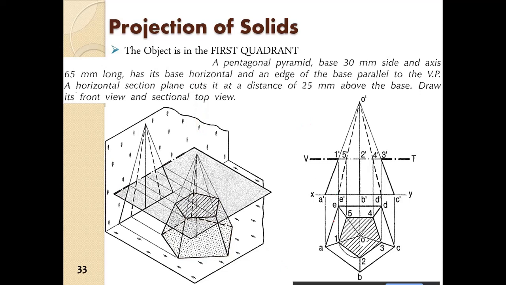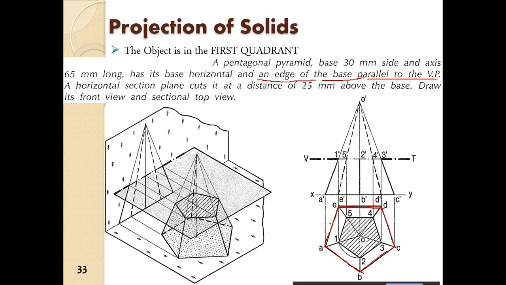So what to do? First of all, step number one is to draw the pyramid top view. Okay, so an edge of the base parallel to the VP. Edge of the base parallel to the VP.